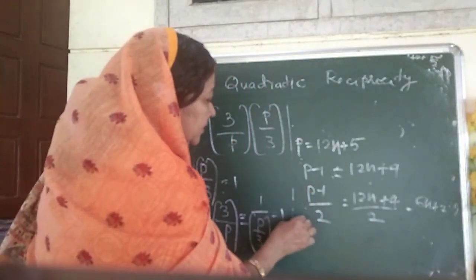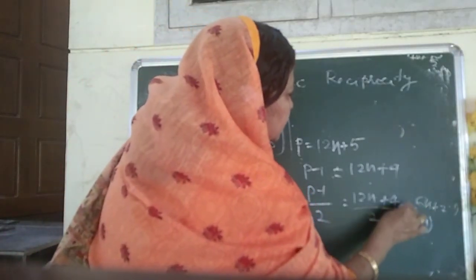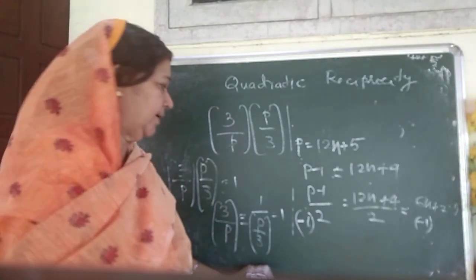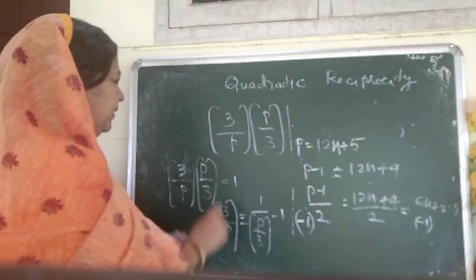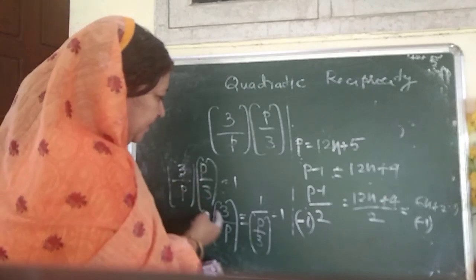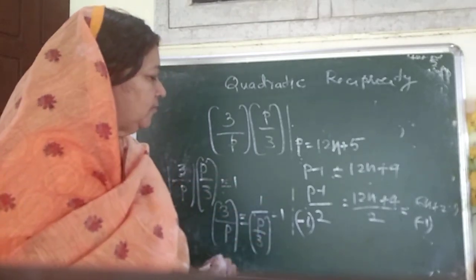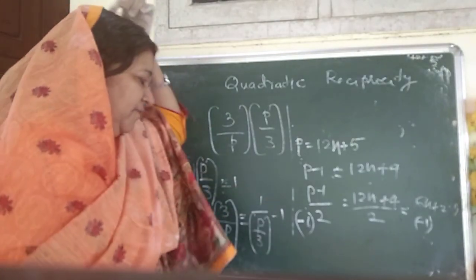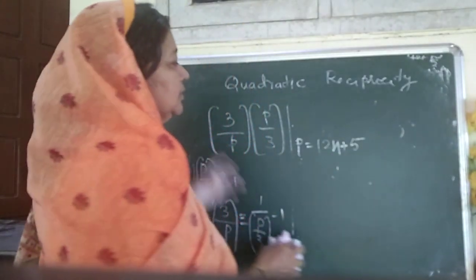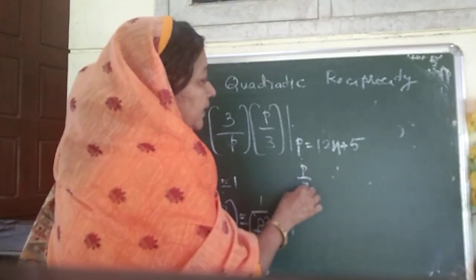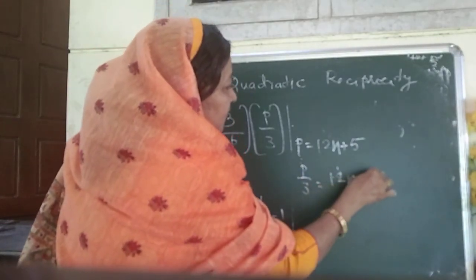Therefore (-1)^((p-1)/2) equals (-1)^(6n plus 2), which equals 1. Therefore (3/p)(p/3) equals 1, or (3/p) is also equal to 1 by (p/3). But what is (p/3)? p is 12n plus 5. So (p/3) equals ((12n plus 5)/3).